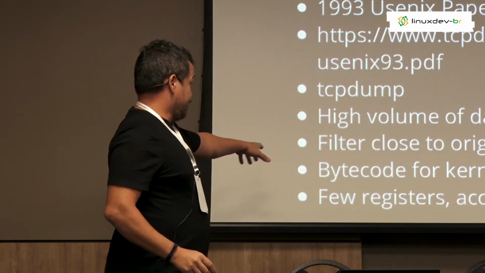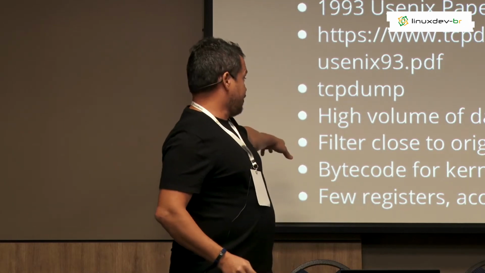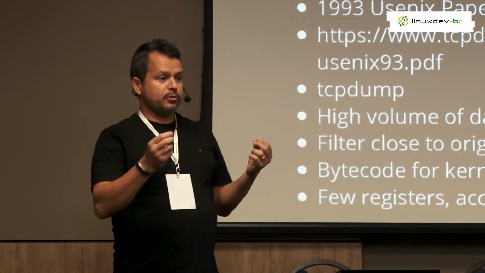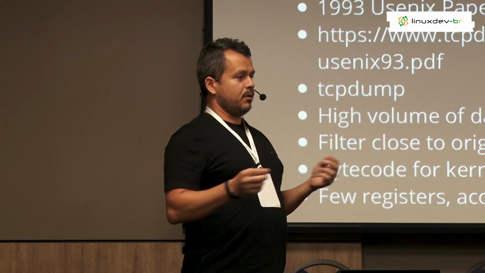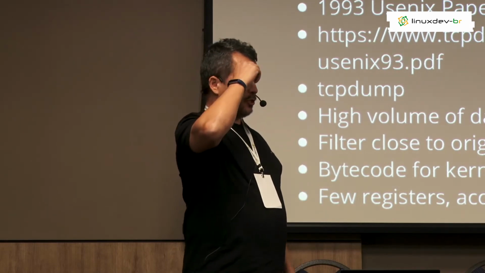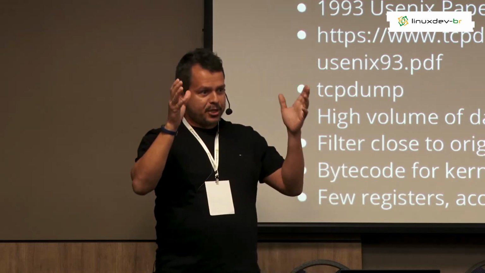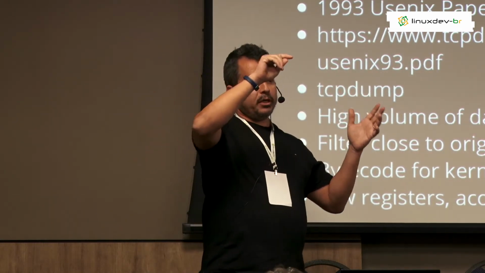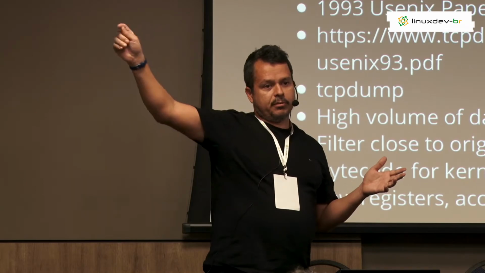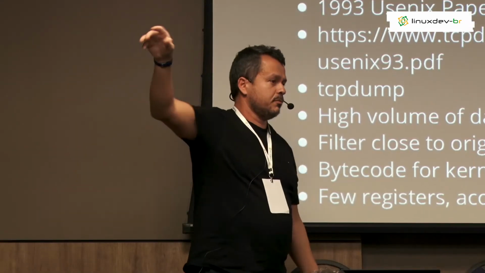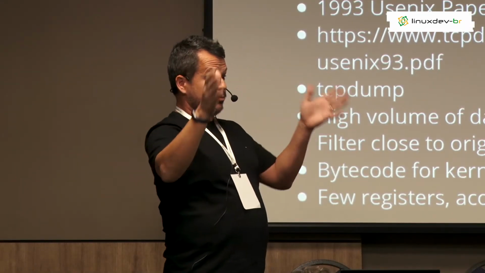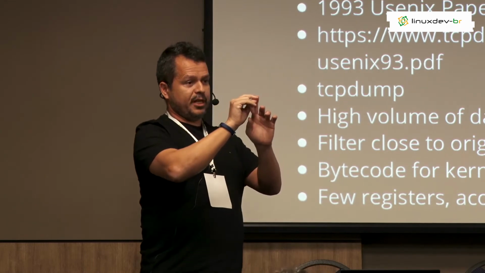So the original BPF is just a bytecode, like an assembly language or an instruction set, a very restricted one, where you get this expression from user space, like I want only the IP packets for the host 192 whatever, and transform this into a series of instructions.